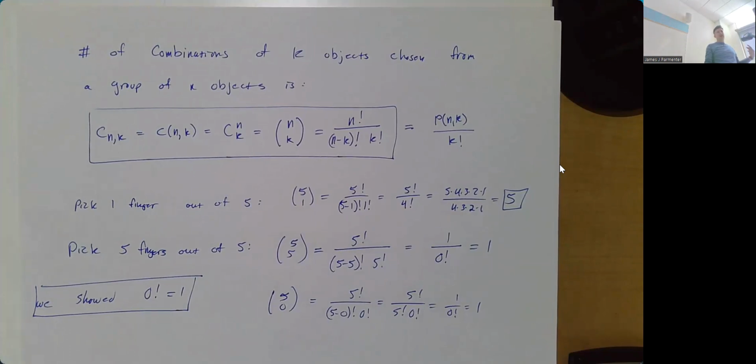And I think I talked about this last class a little bit. There are 5 ways of choosing one finger, or there are 5 ways of choosing the 4 fingers you don't want. Same thing. You can always choose the ones you want or the ones you want to exclude, and it's going to give you the same number.